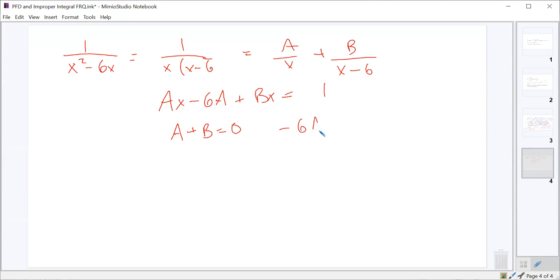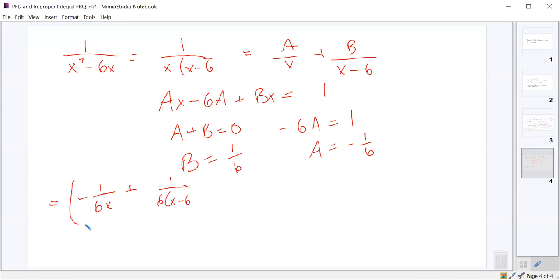And then -6a equals 1, so a is -1/6, giving us b is +1/6. And then we would rewrite this as 1/(x² minus 6x) equals -1/6 with our x in the denominator, plus 1/6 times 1 over x minus 6. So that's your partial fraction decomposition.